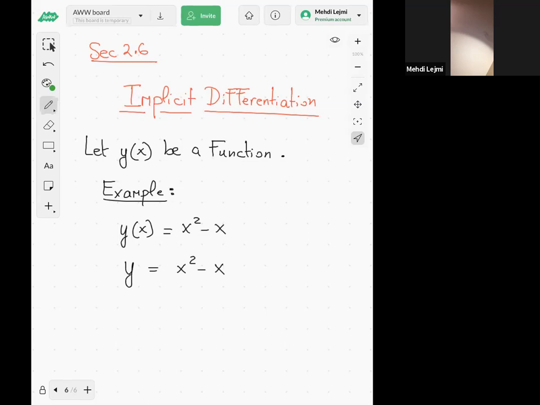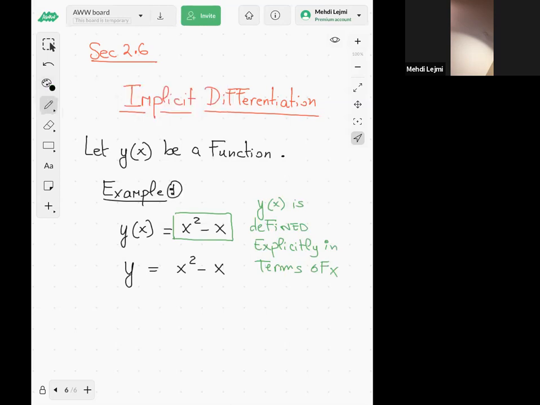We have the exact expression of y of x in terms of x, right? So that's example 1.